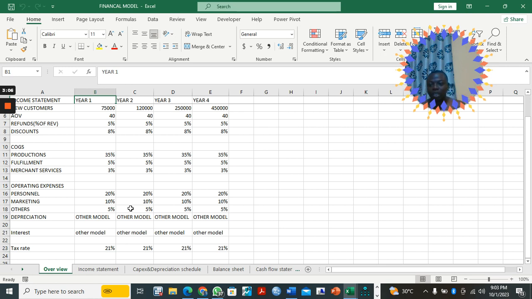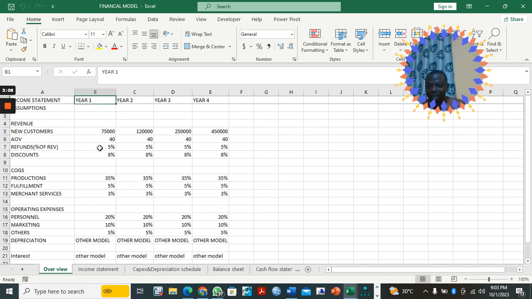So this is a typical finance model, the income statement, which is being projected for the next 4 years: year 1, year 2, year 3, and year 4.